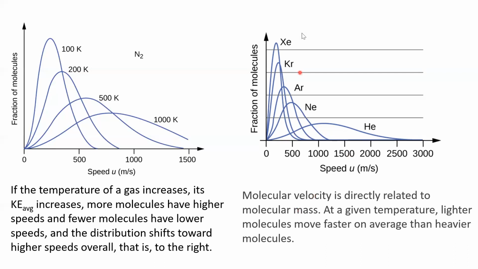Since xenon has a much higher molar mass than helium does, the molecules have a much smaller distribution. The molecules are going to be moving more the same speed, as opposed to the helium, where we're going to have a much larger distribution. So lighter molecules move faster on average than heavier molecules do, is essentially what this graph is demonstrating.